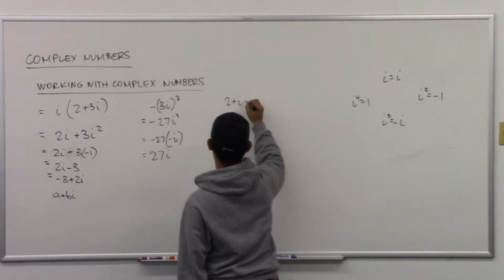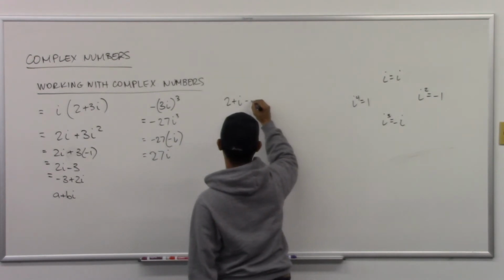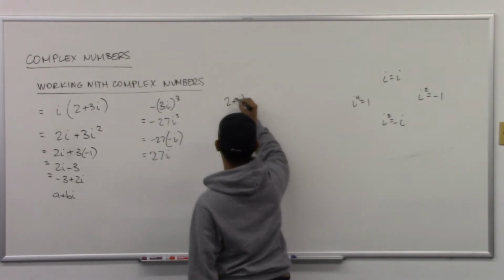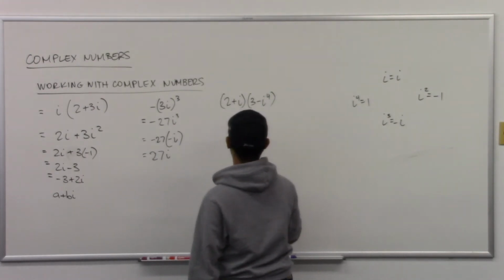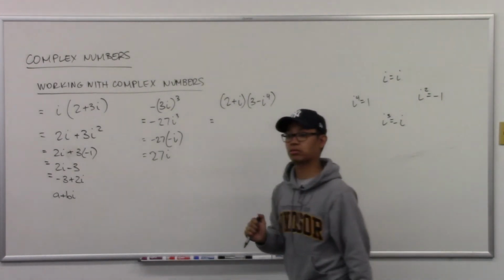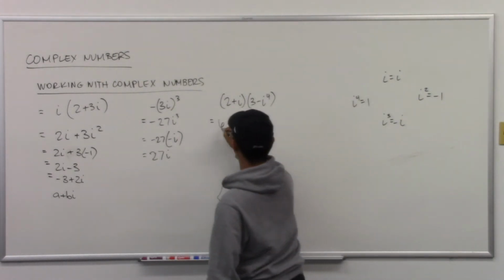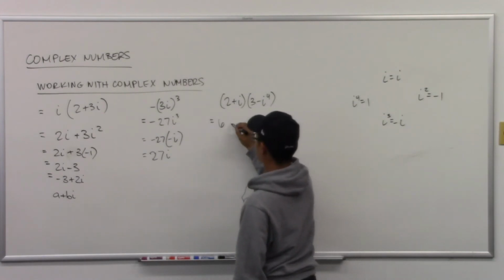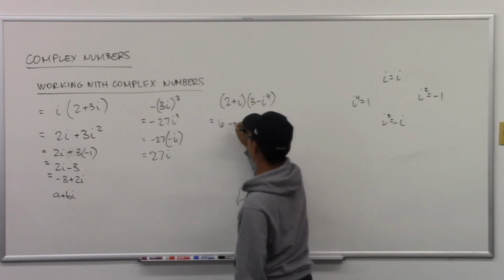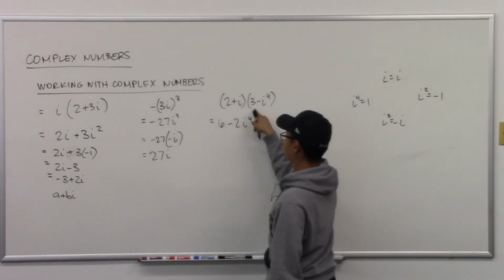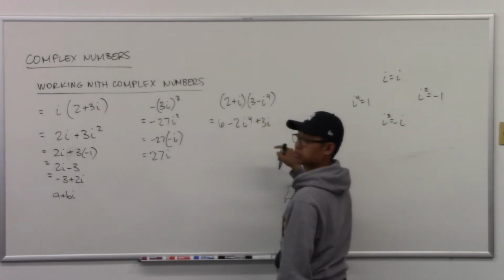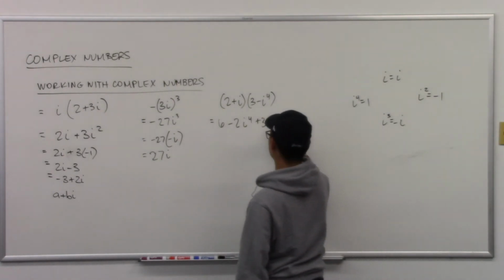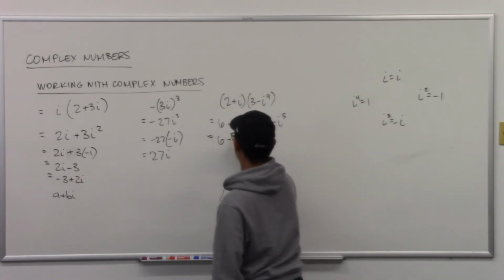What about something like this? 2 plus i, 3 minus i to the 4. Go. Good. What's this?